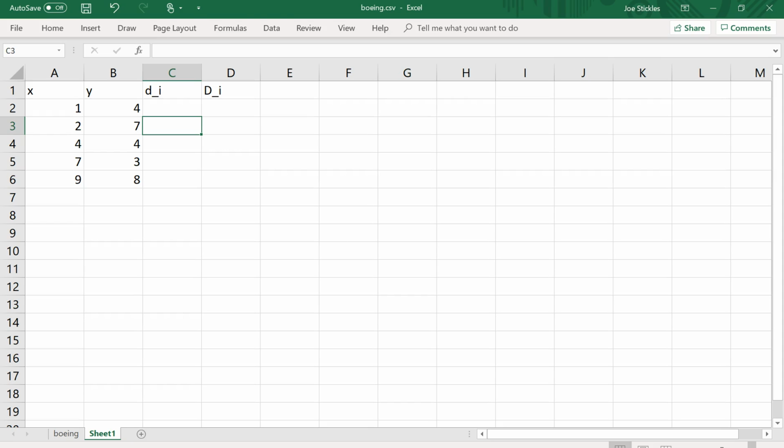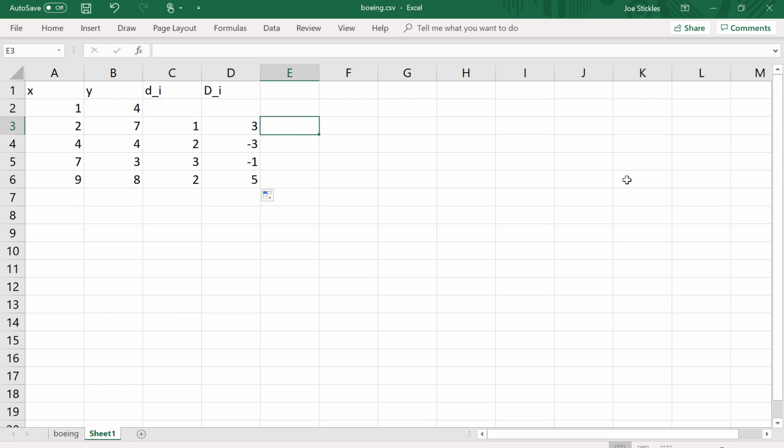So I'm going to put these down here, down a row. So this one will just be equal to A3 minus A2. And the next one, of course, will just be B3 minus B2, so I can just copy it over and copy it down. So those are our deltas, little deltas and big deltas.